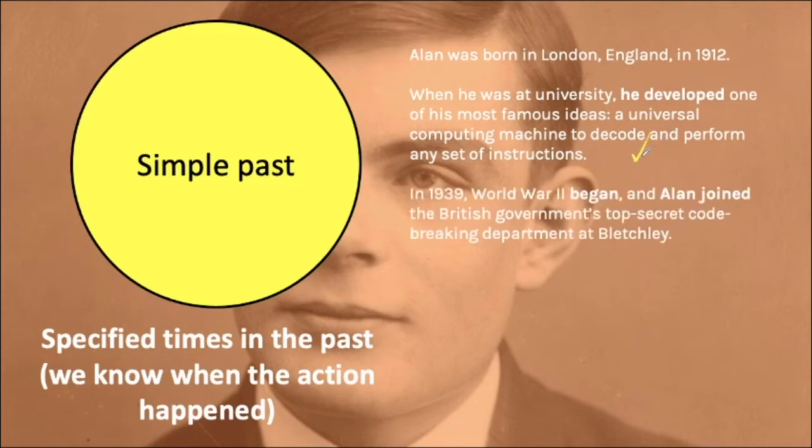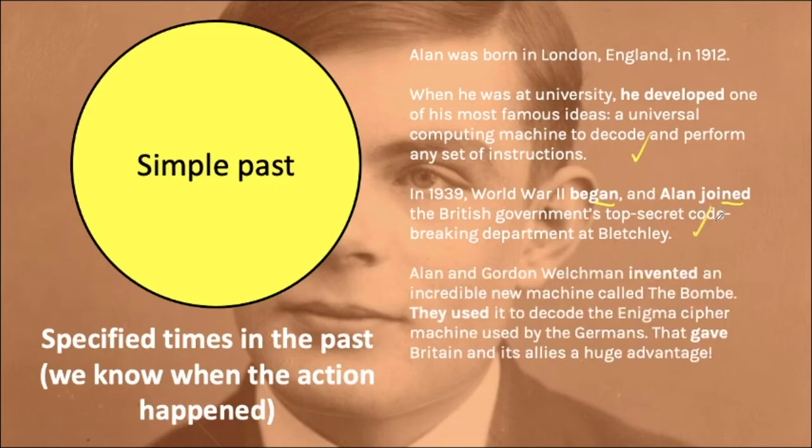In 1939, World War II began, and Alan joined the British government's top secret code breaking department at Bletchley. Alan and Gordon Welchman invented an incredible new machine called the bombe, and they used it to decode the Enigma cipher machine used by the Germans.